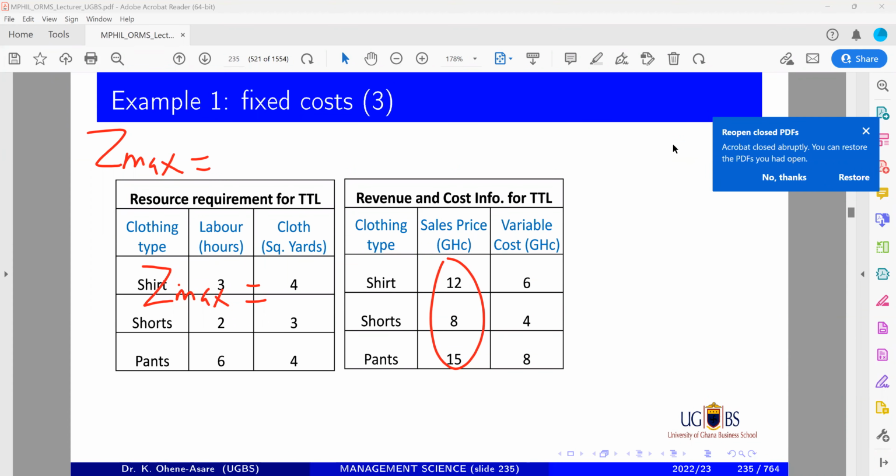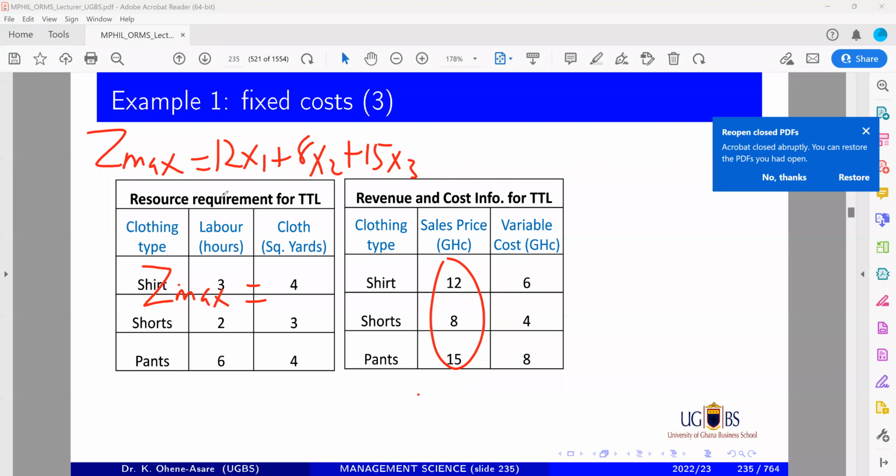And each one has got a number. So the X1 is 12, the X2 is 8, and then the X3 is 15. So it's going to be 12X1 plus 8X2 plus 15X3. So that is total revenue.